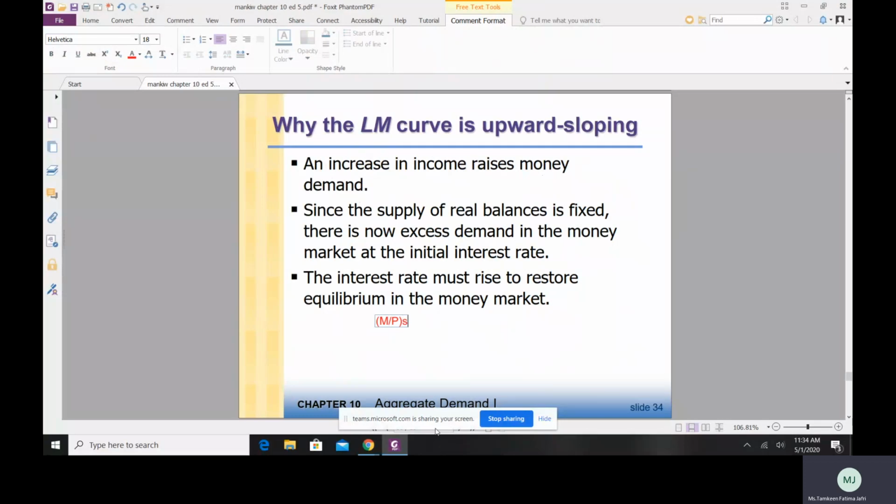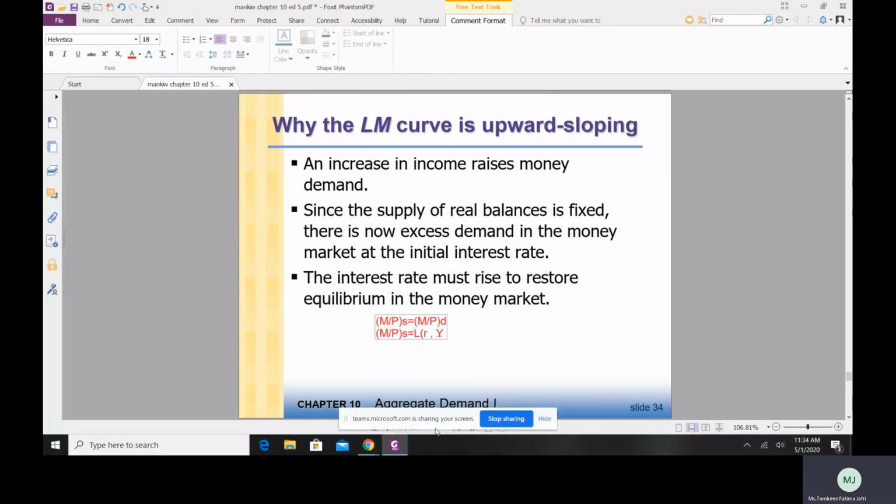Okay, I'm saying that in equilibrium this should equal the money demand. So I know that money supply is fixed, right? And money demand is taken to be a function of R and Y.